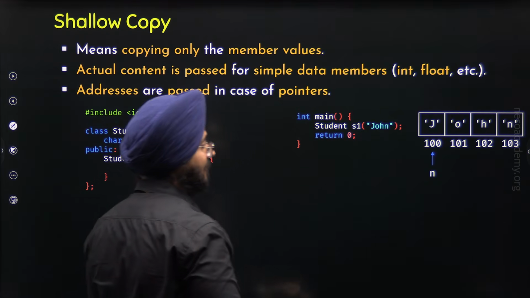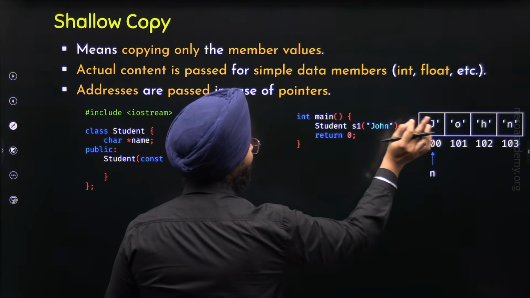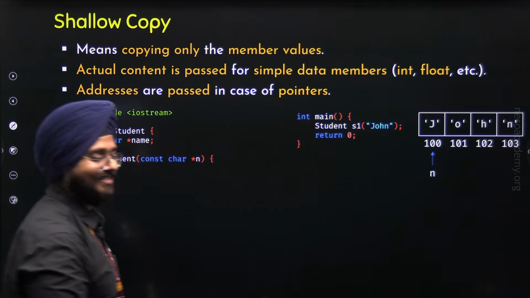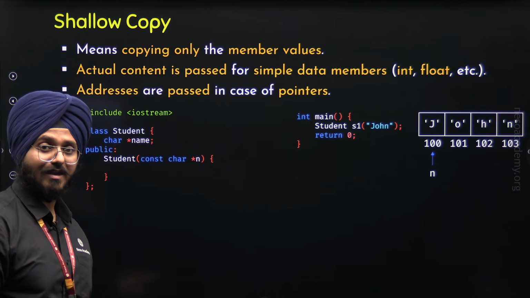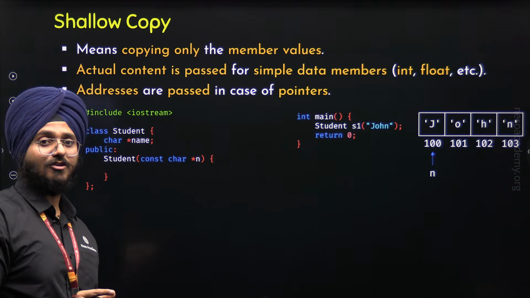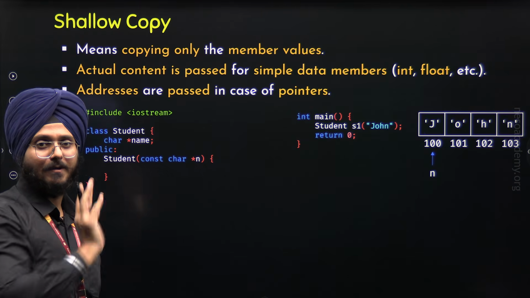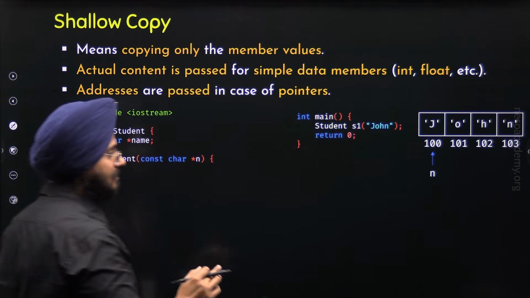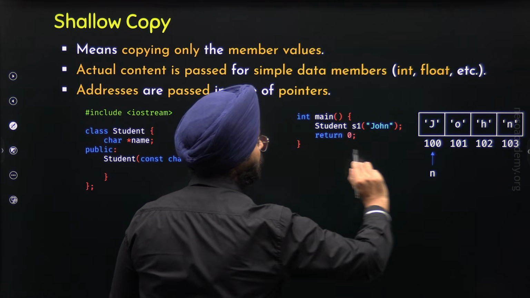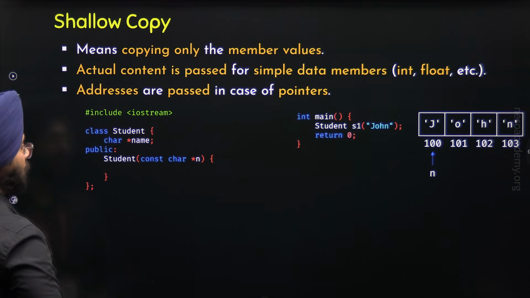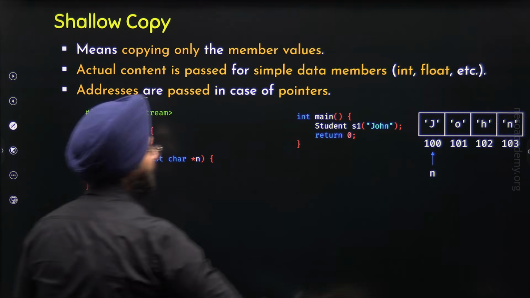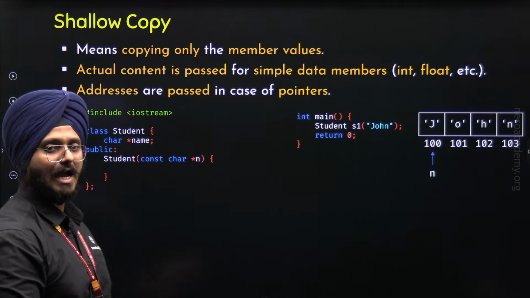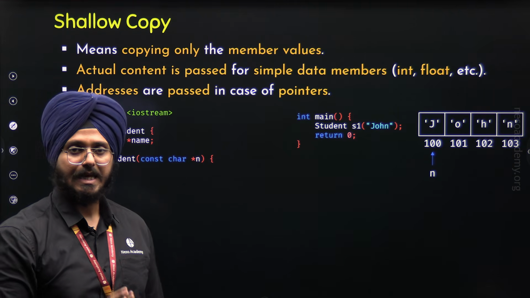And this also means if we know the first character of the string literal, then we also know the remaining characters. That is why I was saying that a character pointer can also point to a string, not just a character. So we can say that this pointer is pointing to this entire string. So in this function, we can access this string literal without any problem. I hope this is clear to you.